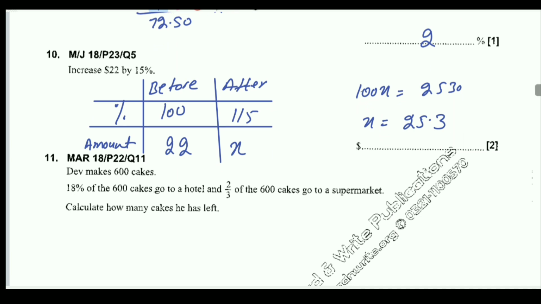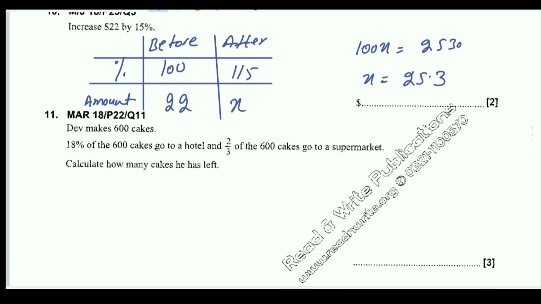So question number 11, Dev makes 600 cakes. 18% of the 600 cakes go to the hotel and 2 by 3 of the 600 cakes go to a supermarket. Calculate how many cakes he has left. So this is a simple question. We will find 18% of 600. 18% we write as 18 over 100 of 600, and its answer will be 108.